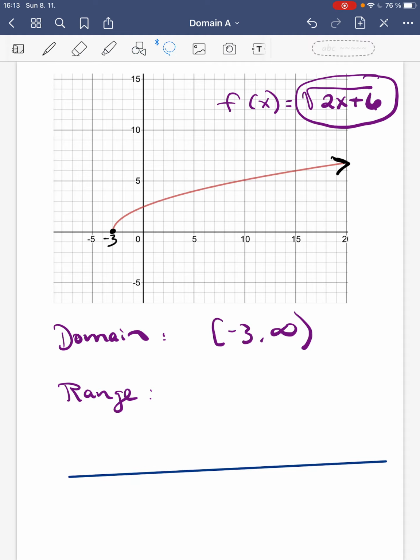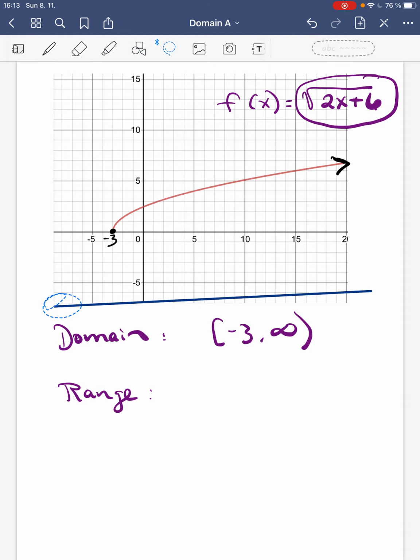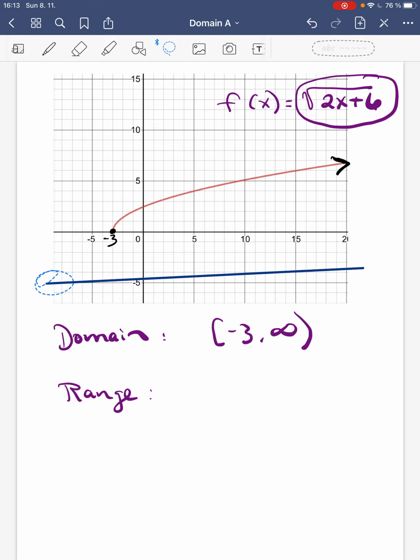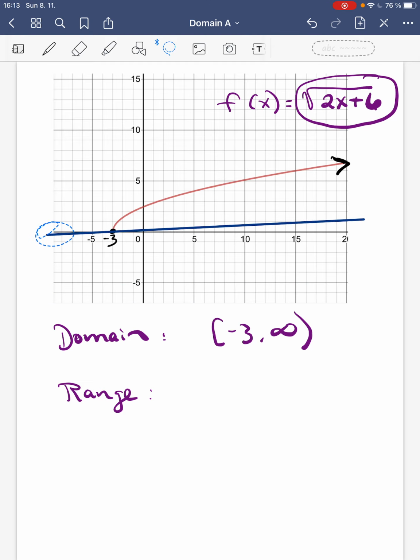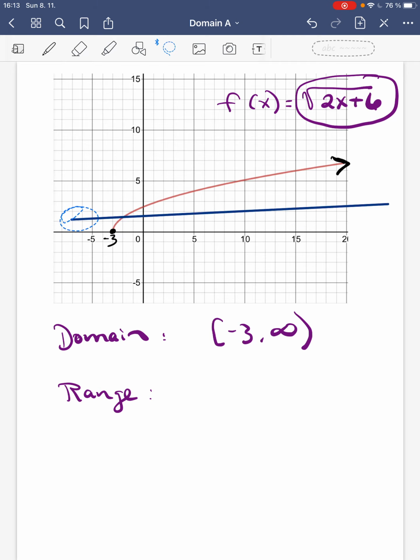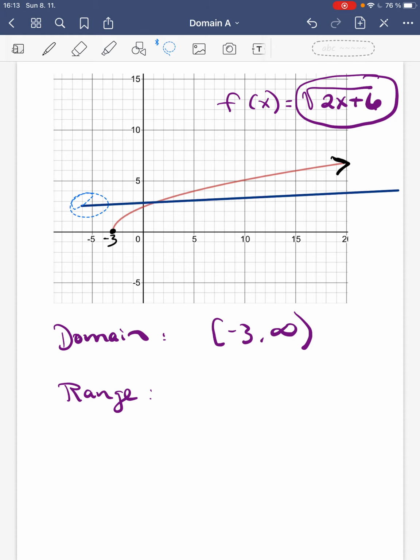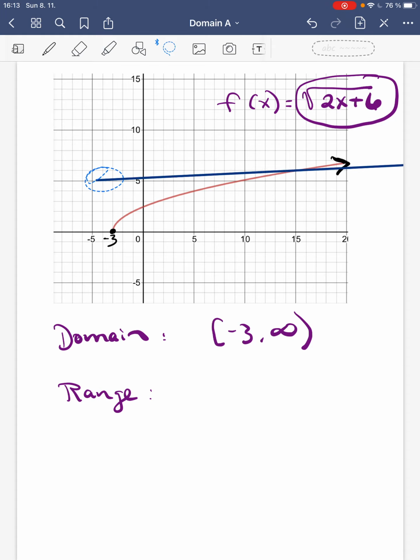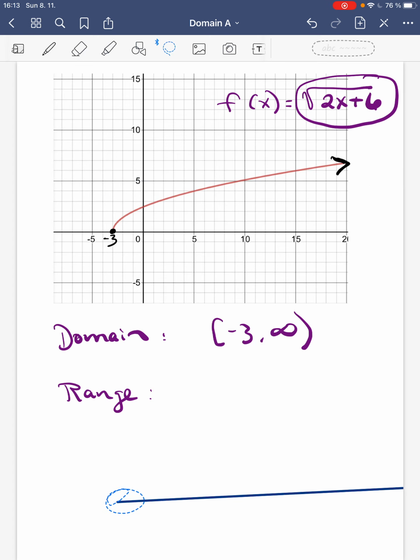If we grab onto this line, there's no red function here, here, or here. It starts here. Oops, it's not quite a straight line, sorry. And then as you go up, the blue, supposedly horizontal line is crossing that pink curve. And even though it goes above it here, this goes on forever.